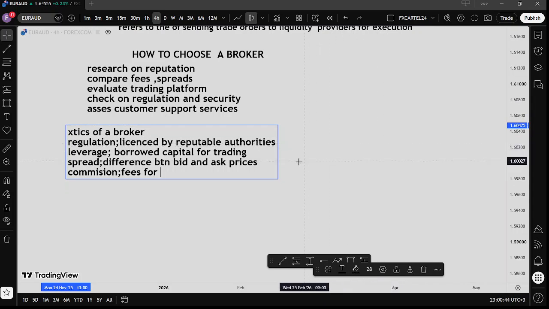Then they cut a small amount from you for trading that, and it is what is called commission. Fees for trading. So those trading with commission trade without the bid and ask pricing. But commission is calculated in spreads.